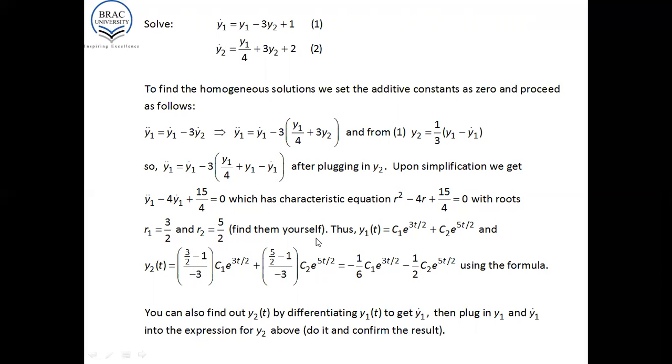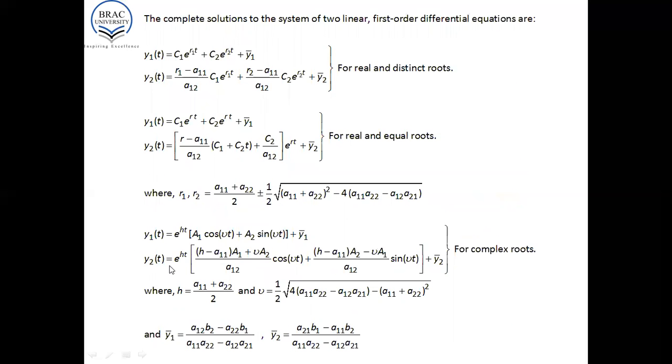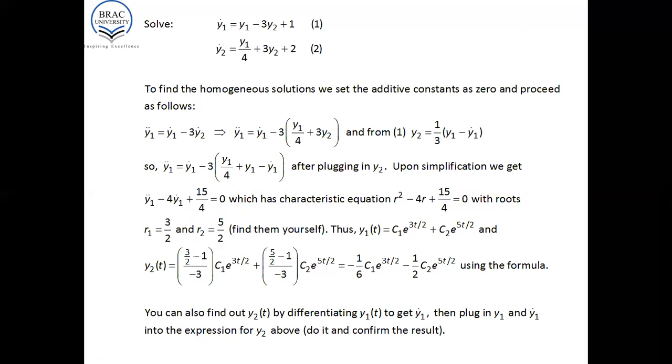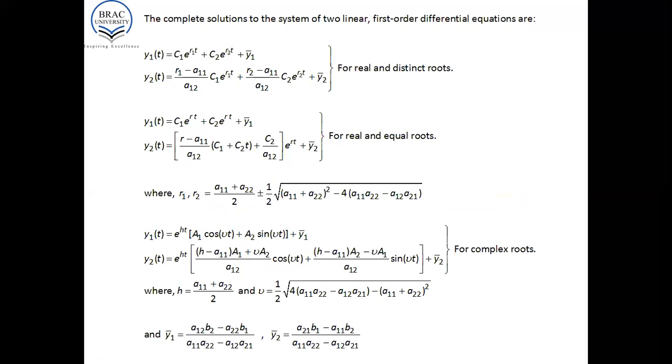Find them yourself. Thus, Y1 is equal to C1 e to the power 3t by 2 plus C2 e to the power 5t by 2. For Y2 of t, this time I'm using a formula: (R1 minus A11) by A12. So I'm plugging in R1, A11, and A12.